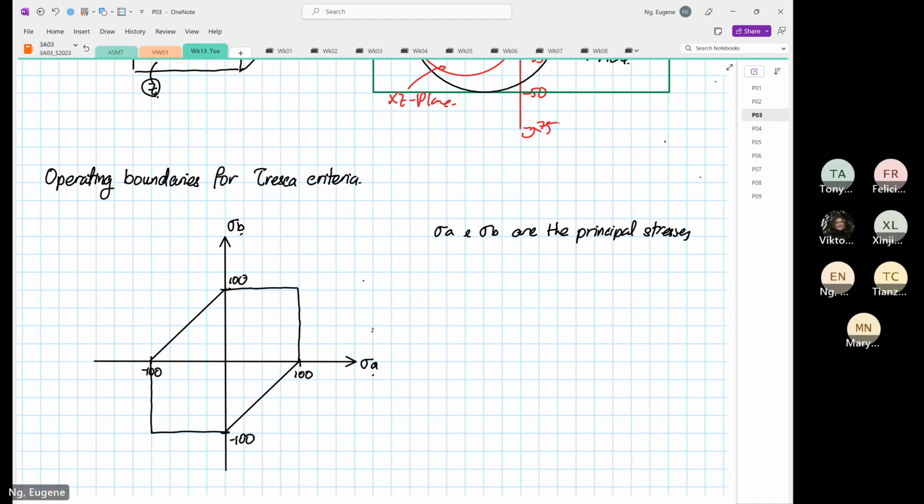Okay. So just to give a quick example, if your stress A and stress B are at this point, it means your stress A is 50 and your stress B is minus 50.